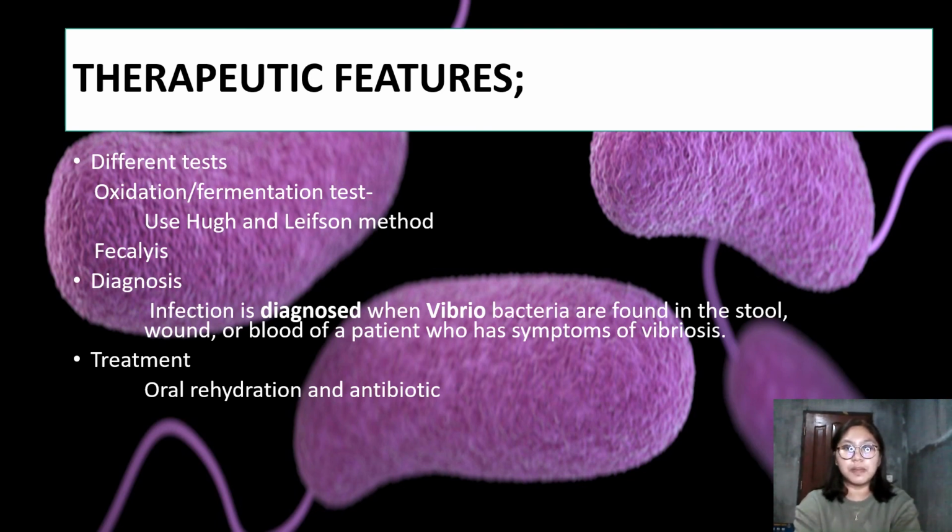So what is the treatment of V. alginolyticus? First is oral rehydration. The person with symptoms of vibriosis is dehydrated. So they need to take in plenty of liquids or water for rehydration, or intravenous replacement.